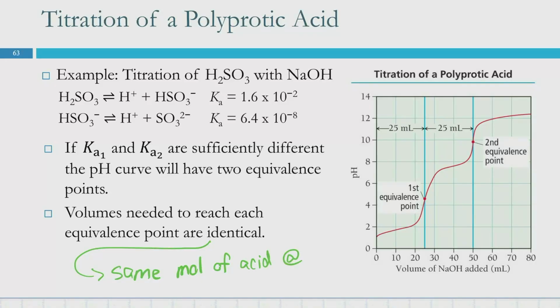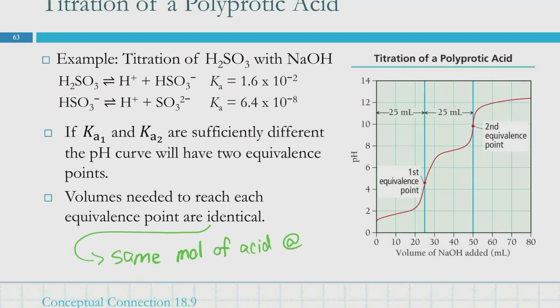So we'll have the same moles of acid. So like if we have 10 millimoles of H2SO3, then to get to the first equivalence point, let's draw this here at the start.